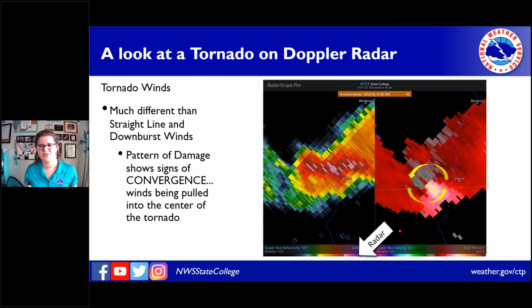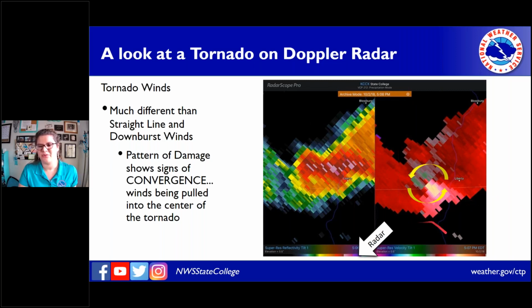A good rule of thumb is using the right hand rule when you're looking at this. So you put your hand in line with the direction of the winds, curl your fingers towards the other direction that the winds are going, and your thumb tells you if there's rising motion or sinking motion. So we can see counterclockwise rotation.